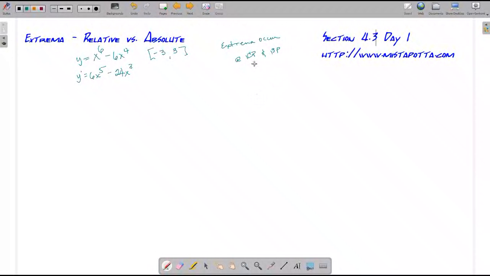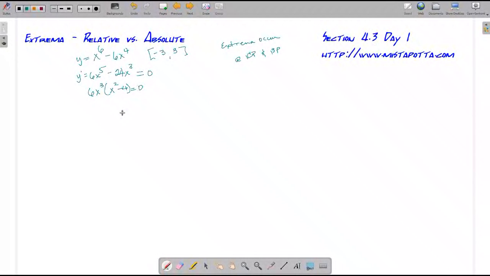My critical points are where my derivative is either equal to 0 or undefined. The undefined isn't really an issue here because we're dealing with a polynomial. But I can factor a 6 out, and I can also factor out x cubed, and I'm left with the binomial x squared minus 4.